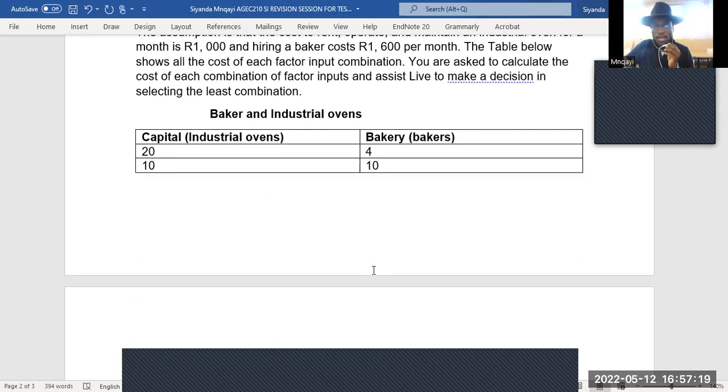You are asked to calculate the cost of each combination of the factor inputs and assist Life to make a decision in selecting the least cost combination. Here are the bakers and the industrial ovens. Here's the capital, or the industrial ovens, 20, which requires 4 bakers, then 10, 10.